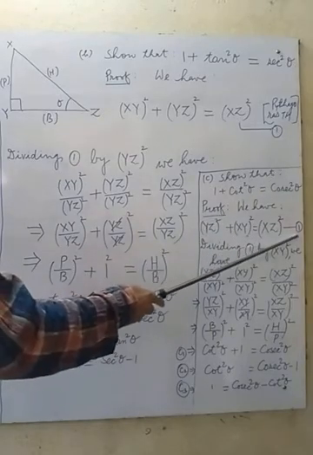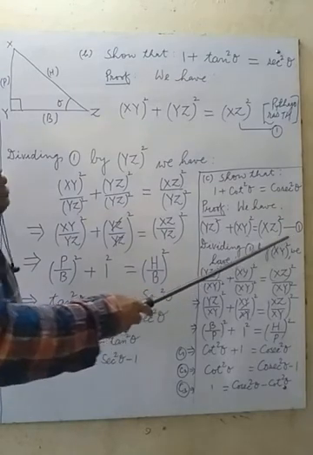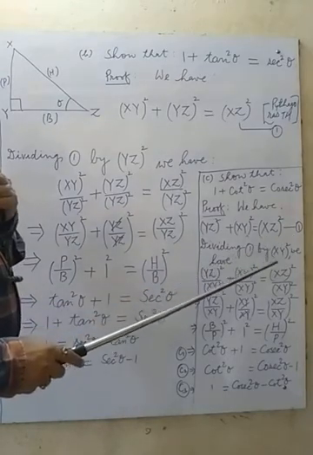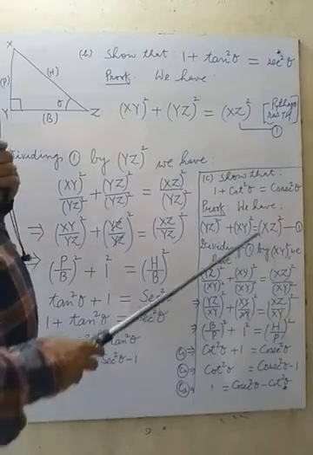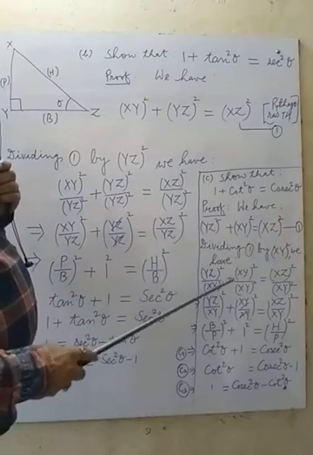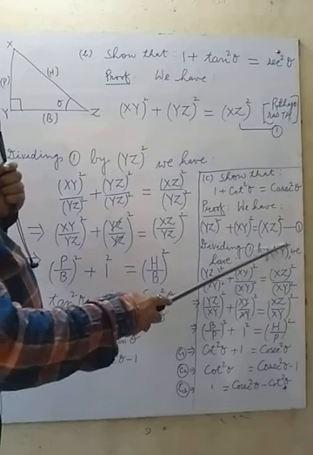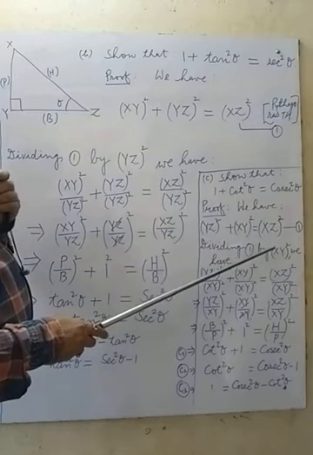And here you have to write the reason, and that will be the same reason, that is Pythagoras theorem, as every right angle triangle follows the Pythagoras theorem. So now this will be divided by xy whole square. We have to divide this equation by xy whole square.